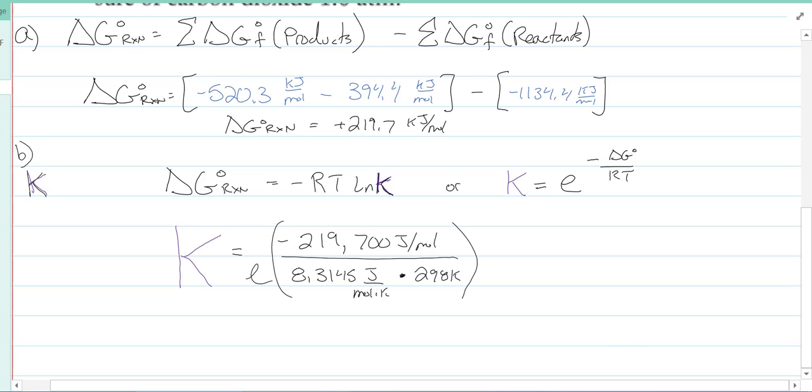So that gives me a K value of 3.1 times 10 to the negative 39.